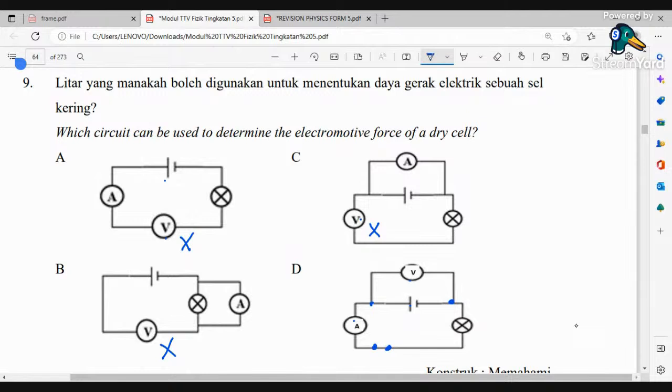You open the switch, you have open circuit. Then the V here will become electromotive force, EMF. Mesti switch buka. Kalau switch tutup, tak boleh.